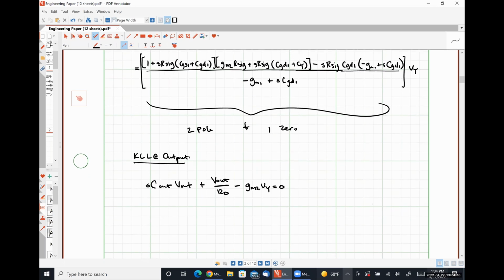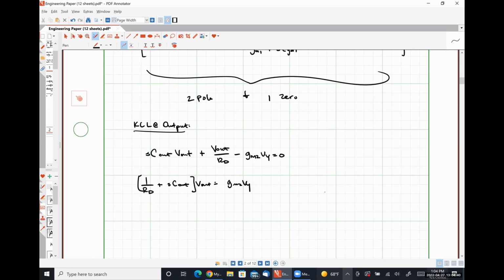So we can pull all the V out terms on one side and the VY terms on the other side. So that's going to look like 1 over RD plus S C out times V out is equal to GM2 VY. Let's multiply both sides through by RD, giving us 1 plus S RD C out times V out is equal to GM2 RD VY.